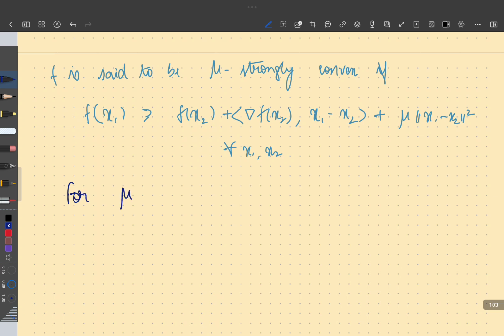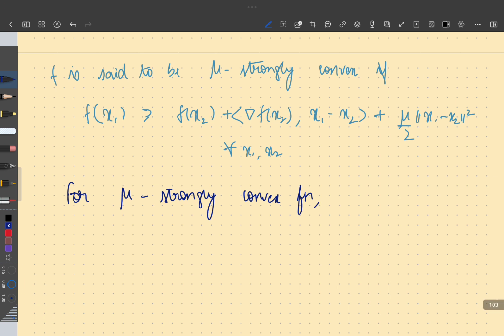So if you have a mu strongly convex function, a slight change, this should be mu by 2.